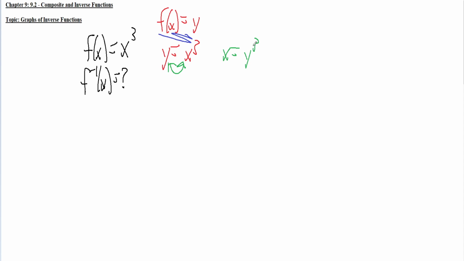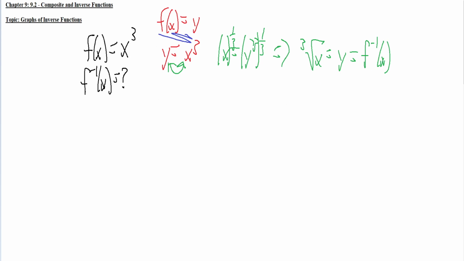And to solve for y, we take the cube root of both sides, or raise it to the power of 1/3, and we get the cube root of x equal to y, which is our inverse function.